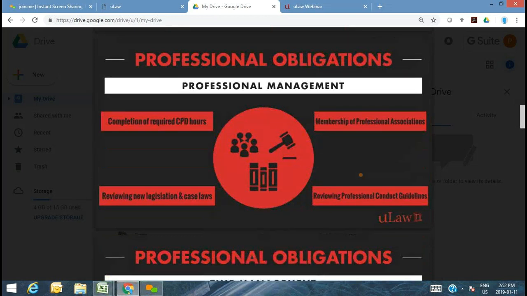Okay, moving along to professional management. The law societies of different jurisdictions talk about certain obligations of professional management. So one, obviously, you're already here, keeping this in mind, which is the completion of the required CPD hours, or professional development hours, for that profession, right?